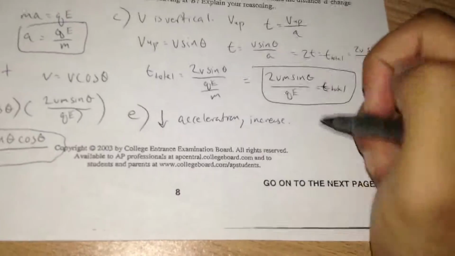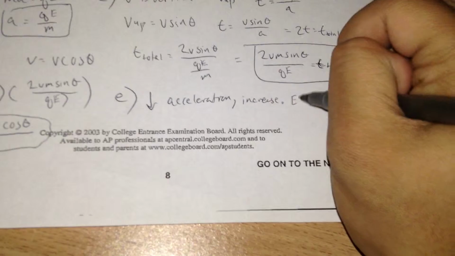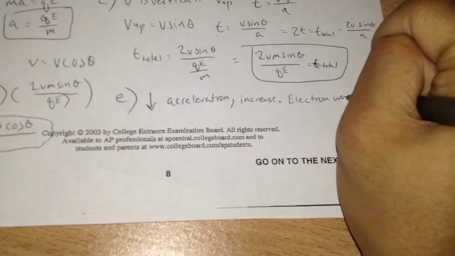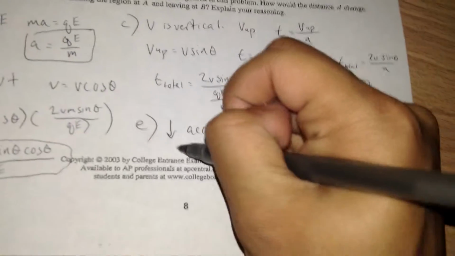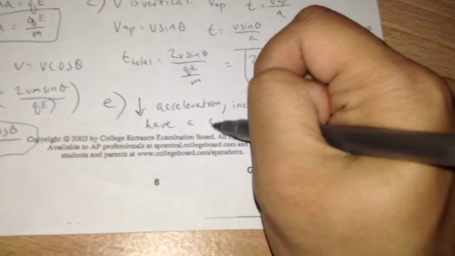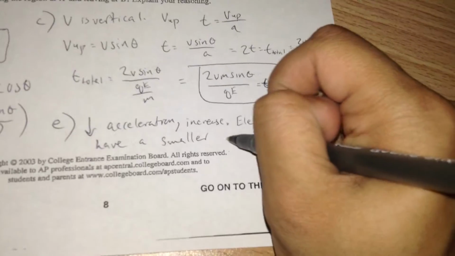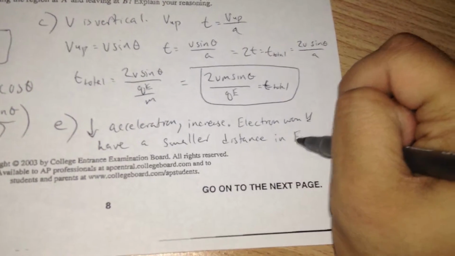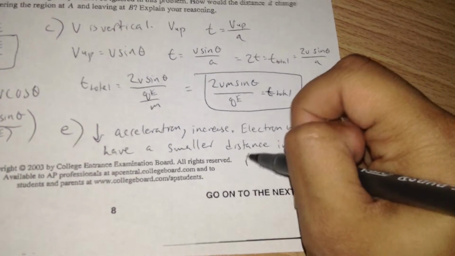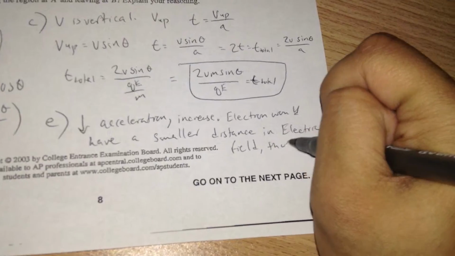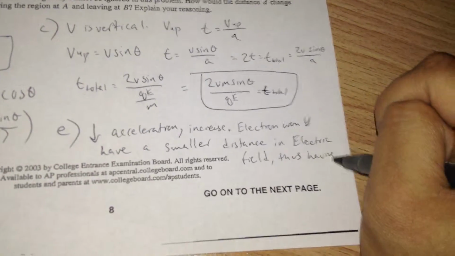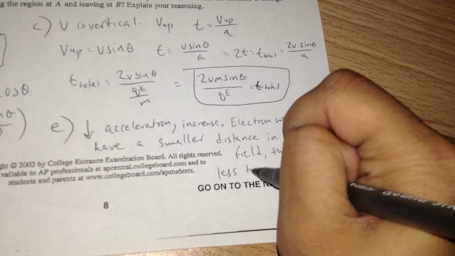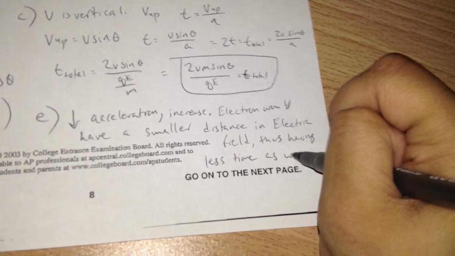The electron would therefore have a smaller distance in the electric field, thus having less time as well. And that's it for this problem.